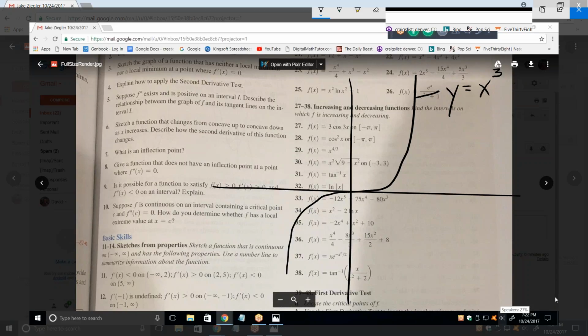So our function is continuous on this interval, agreed? Yep. And it does have a critical point right there. Critical point being where the first derivative is 0. Well, the first derivative is 3x squared. It's certainly 0 at x = 0. The slope is 0.